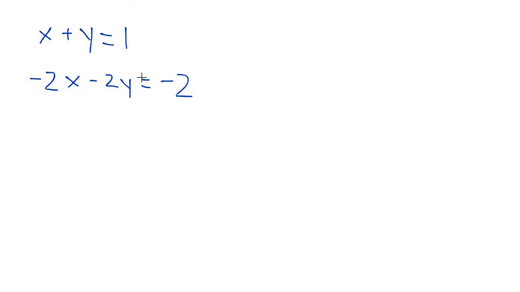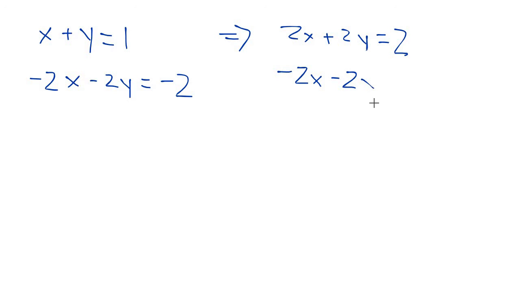Alright, so in this case, we're just going to solve like usual using our elimination method, and we'll multiply this by -2 to get rid of the x's. 2, just 2. And we'll get 2x plus 2y equals 2. And then the other one is -2x minus, whoops, let me just fix this. -2.